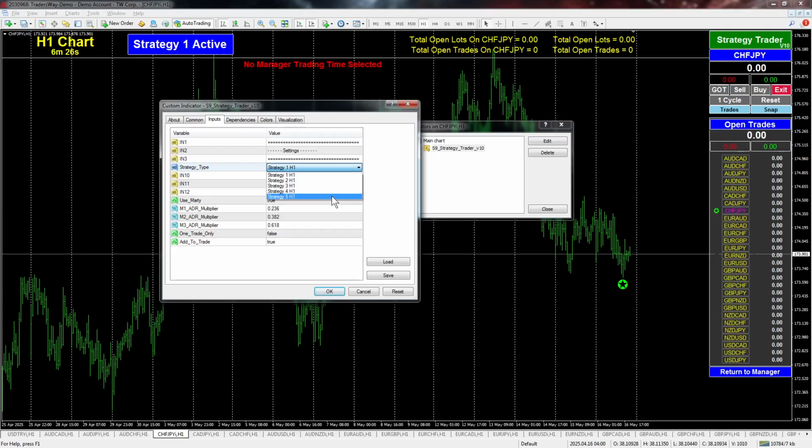Now the settings we do have, we got what I call a Marty. This has changed originally. This was a little different, but I've switched back to what I call Marty, which I've used previously in some other strategies in the past.